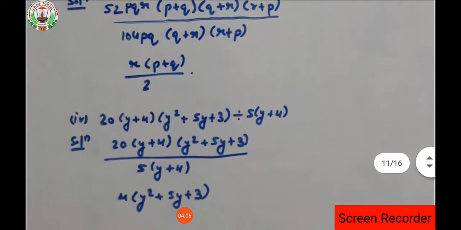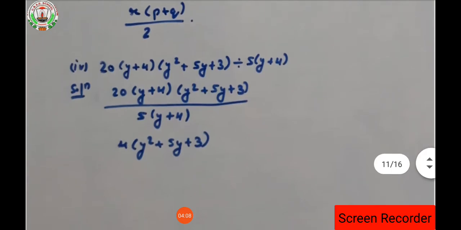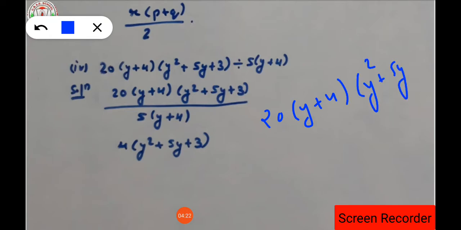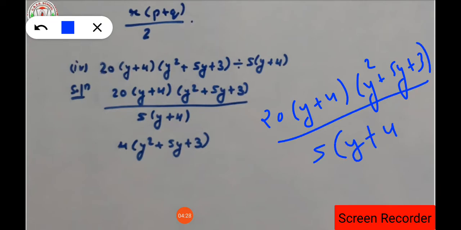Clear everyone? Now next one, the fourth part of the question. Let's see what is given. That is 20 into (y plus 4) into (y square plus 5y plus 3), whole divided by 5 into (y plus 4). Now you can see, students, that y plus 4 is present in the numerator and denominator, so easily we can cancel it.